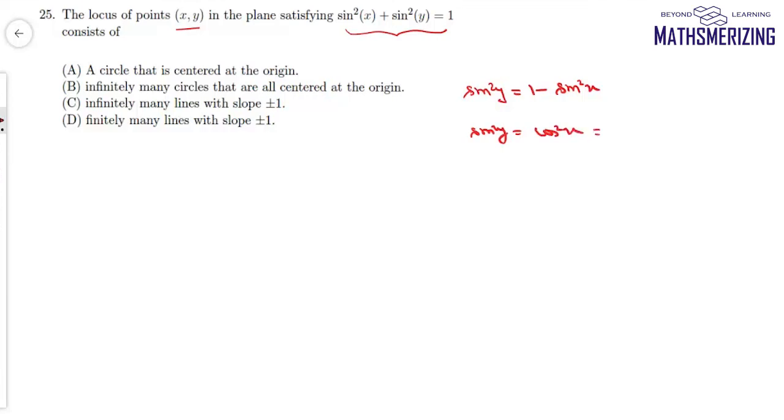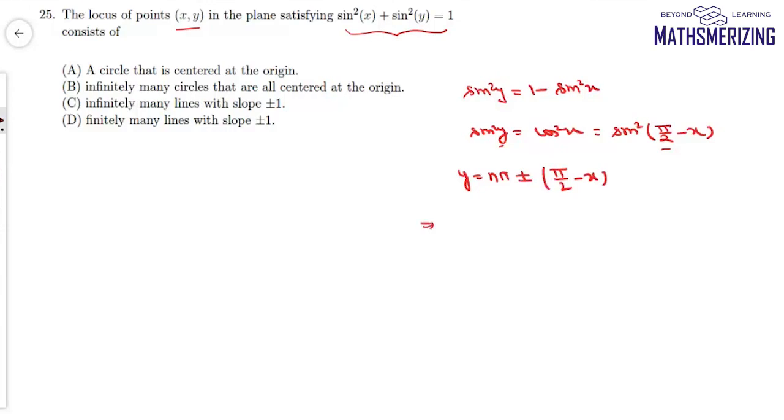Now we can write this cos square x as sine square of pi by 2 minus x. Now this is sine square theta equals sine square alpha. So we can write general solutions. So its general solution will be y equals n pi plus or minus alpha. Alpha here is pi by 2 minus x.